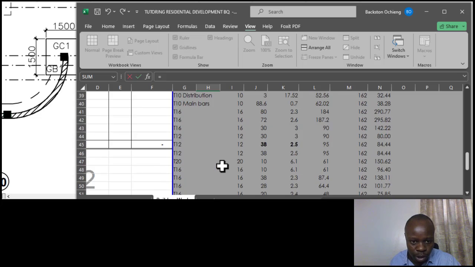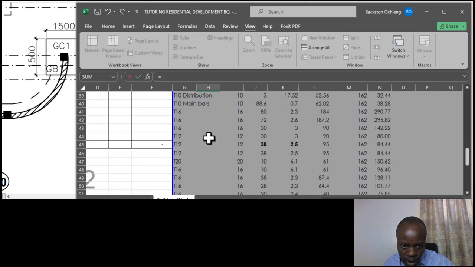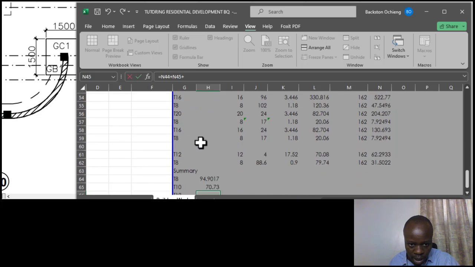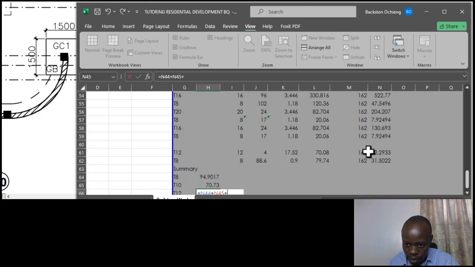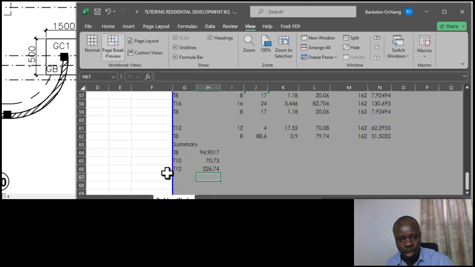Do we have T12? Alright, so T12, I'll start. That is the first, that is the second, and seemingly we only have that. No, there is another one here. So we have those three.